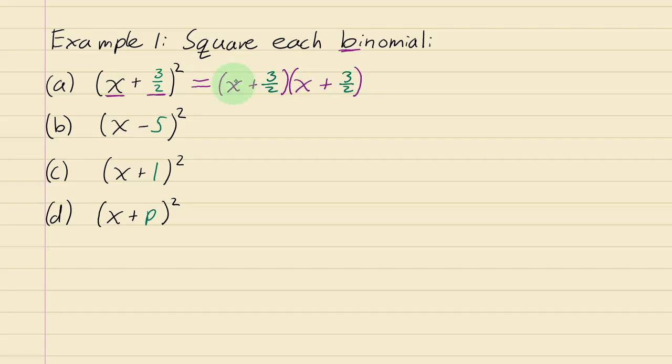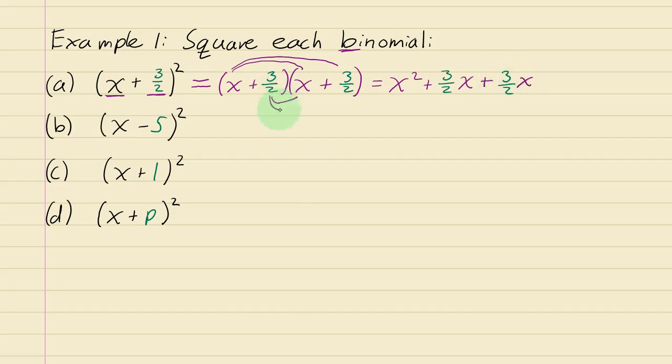We can do the x times x will give you x squared. Then you got an x times 3 over 2. That's just plus 3 over 2 times x. And then there's plus another 3 over 2 times x from these terms.